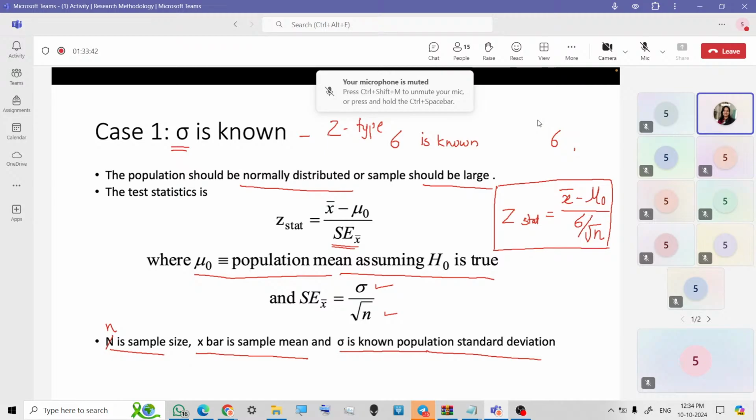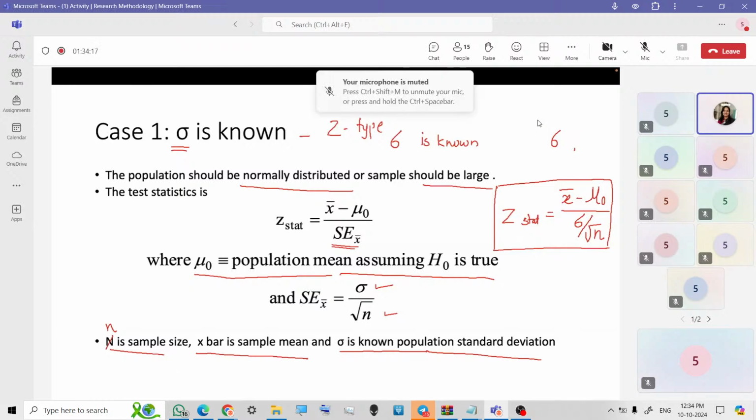Mu 0 is the population mean, divided by the standard deviation. The denominator parameter is the standard deviation divided by the square root of the total number of samples. So sigma divided by square root of n is the formula for the Z hypothesis test. Whatever the sample mean minus population mean, divided by sigma divided by root n.